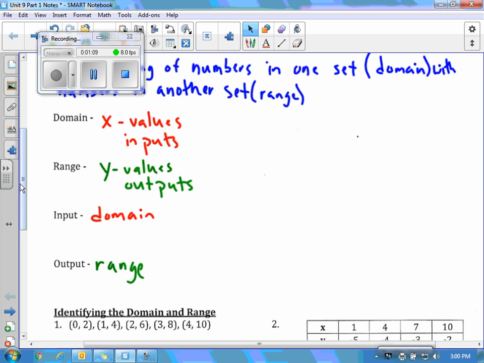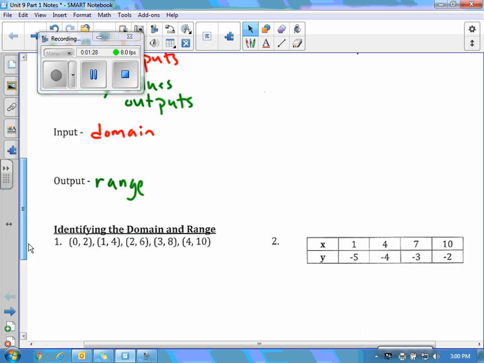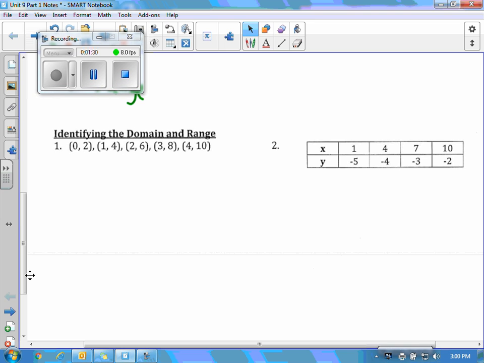So if you look at the ordered pairs that we have right here, your domain would be 2, 4, 5, and 7, all of the x values. The range would be 32, 59, 65, 69, 96, all of the y values. So scrolling down, it just says to identify the domain and range.